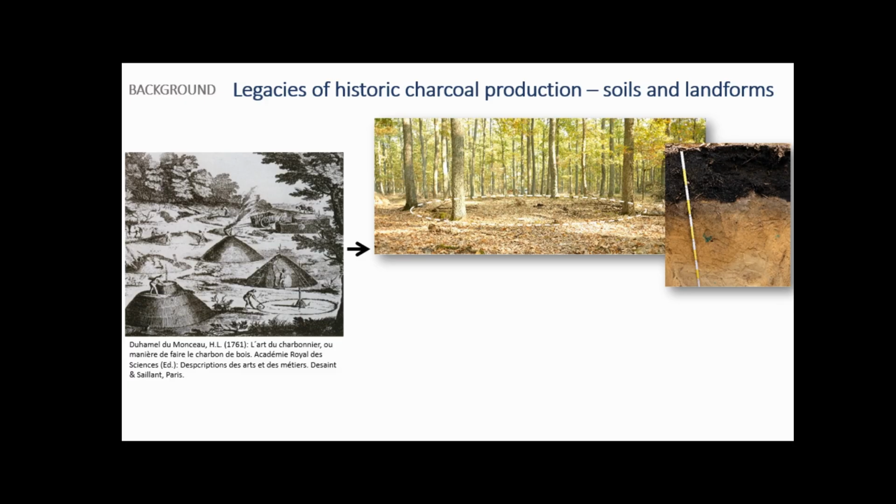There is charcoal-rich sediment, typically 20 to 40 centimeters, added to the top of the natural soil profile. And there is also a characteristic landform associated with these remains. In the flat landscape, that's a slightly elevated platform, which is quite hard to see when walking through the forest, even harder on a photograph.